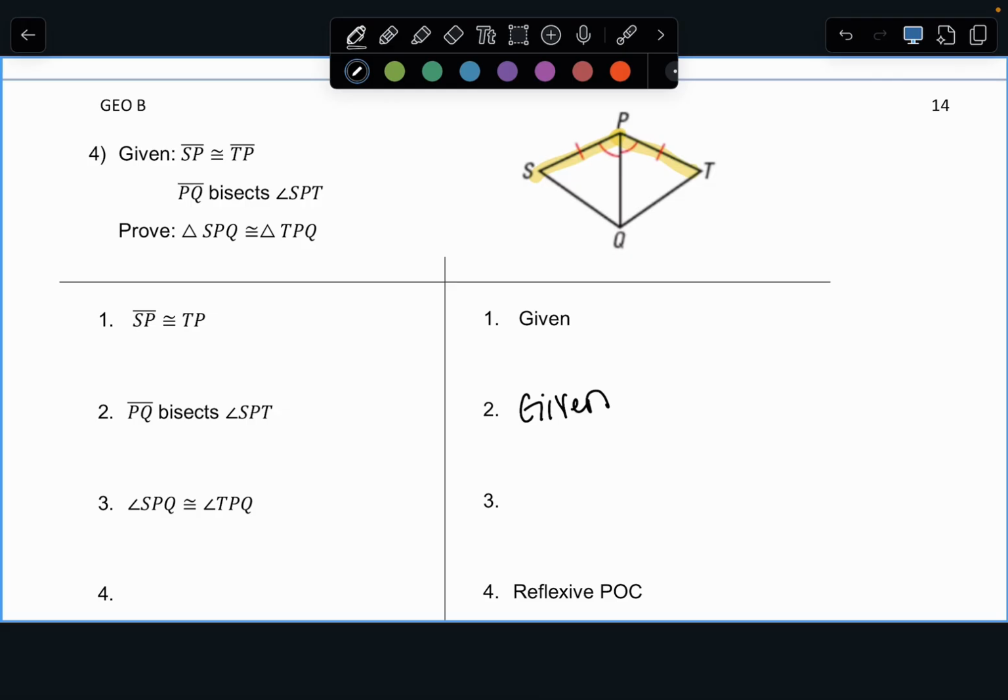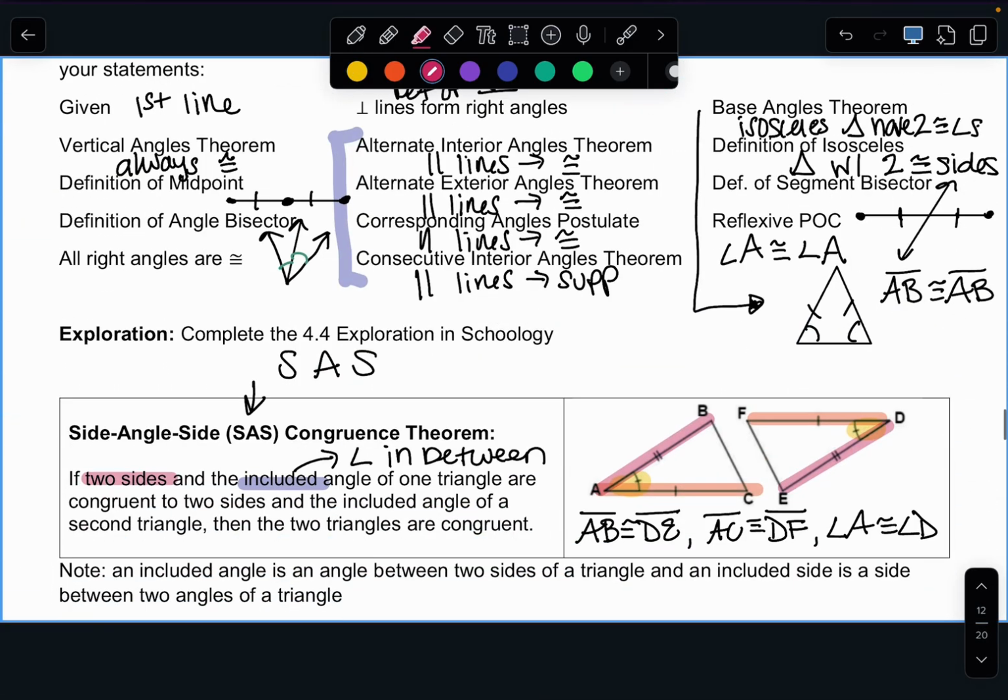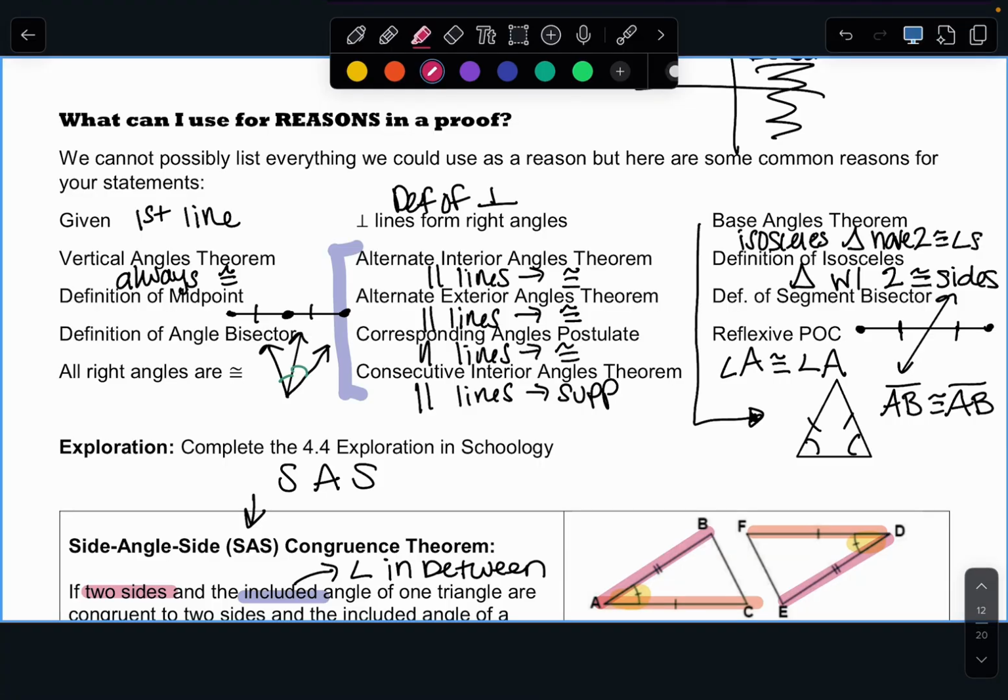Isn't the third one also given? No, the third one is technically, yes, the picture shows it. I gave you the picture to put you in the right direction. The third one is not given, but somehow we went from an angle bisector to 2 congruent angles. If we go to our reasons, which of these tells us that an angle bisector creates 2 congruent angles?